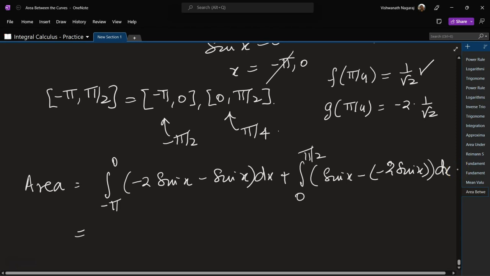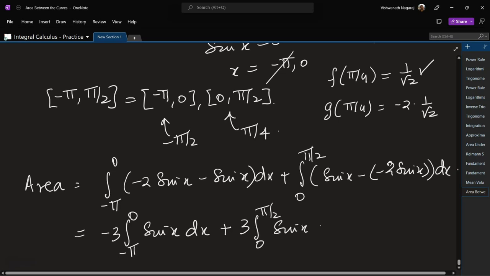Okay, so now the integral from minus pi to 0 of minus 3 sine x dx. This again, inside is plus, so plus 3 times the integral from 0 to pi by 2 of sine x dx.